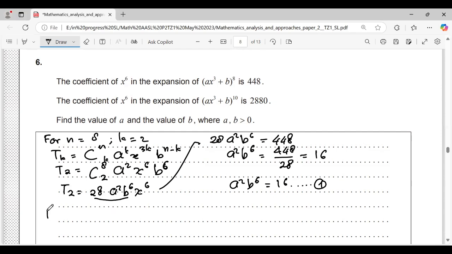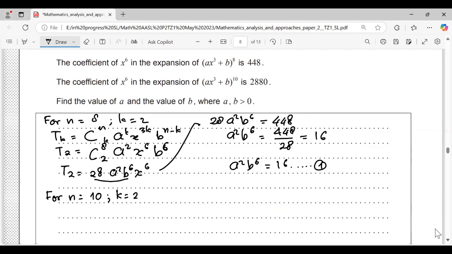Now, for n equals 10, according to this information, the term corresponding to x power 6 occurs when k equals 2.